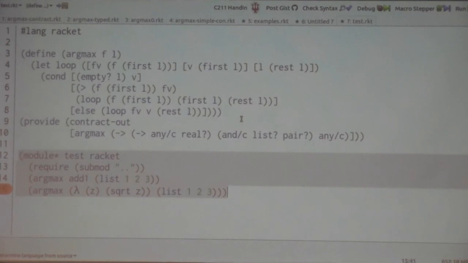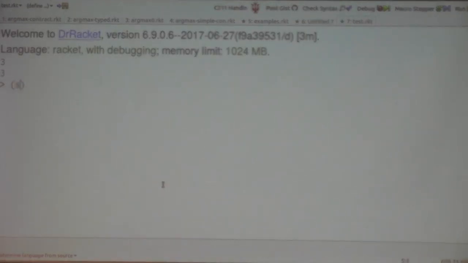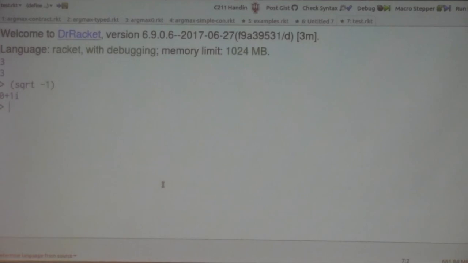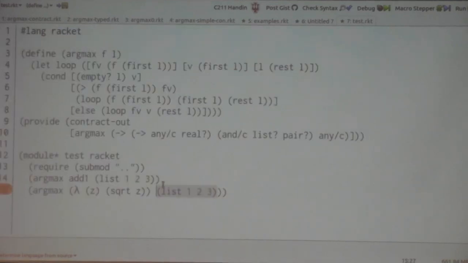Well, square root is, as we just saw, total certainly on this list, but square root does not always produce real numbers. This is not a real number. So what's going on here? What's interesting about this combination of program and specification?